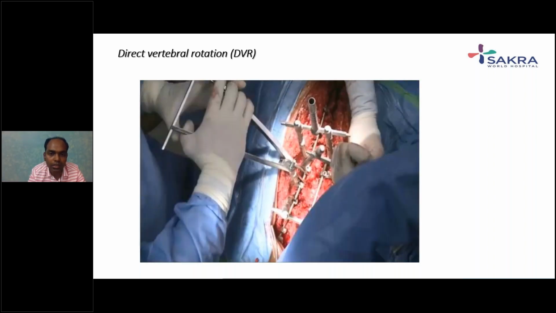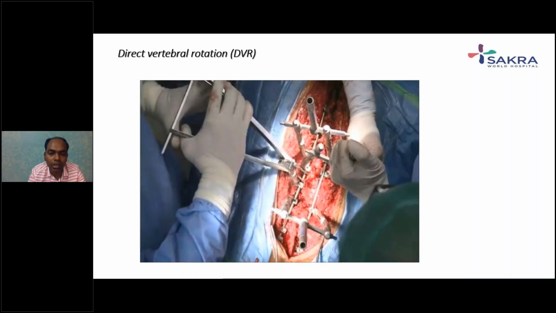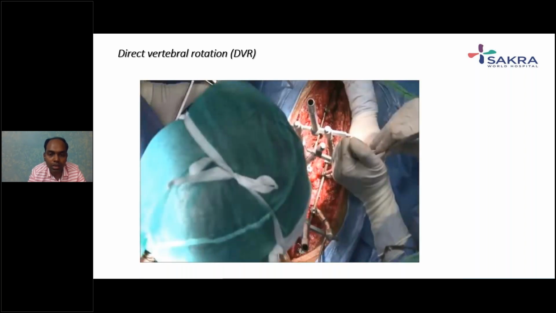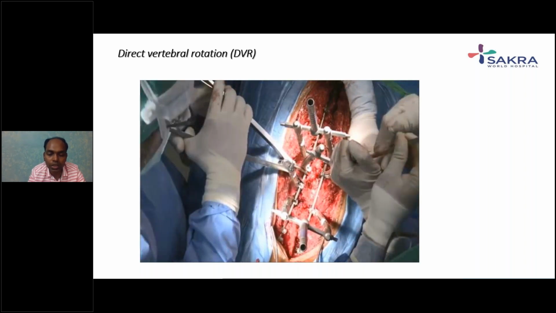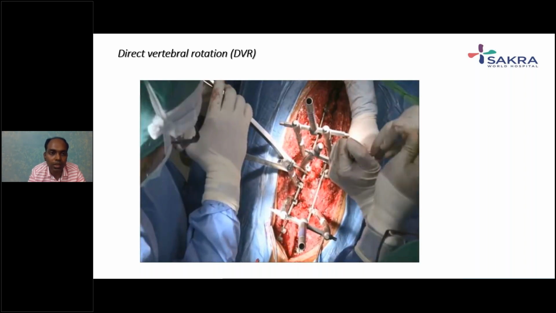So this is called a direct vertebral derotation technique. These techniques are done at the end to correct the rotation deformities of the vertebra.